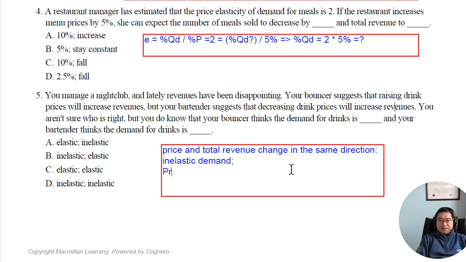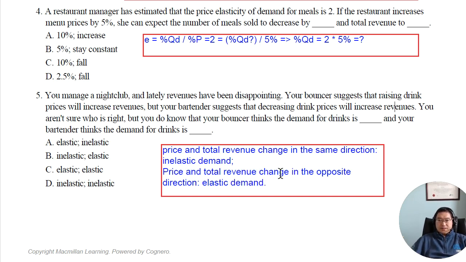Price and total revenue changing in the opposite direction means elastic demand. There is analysis for the reason of this, and we most likely will see some exercises showing this result, but it is a conclusion that you need to memorize. Okay, that is questions 1 to 5 for homework 6.